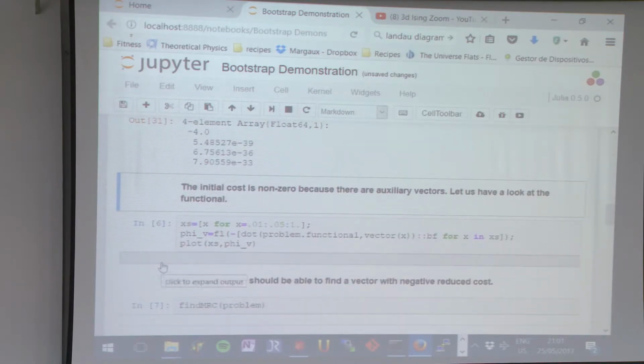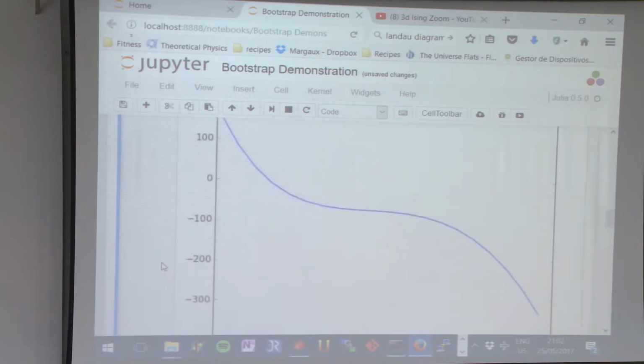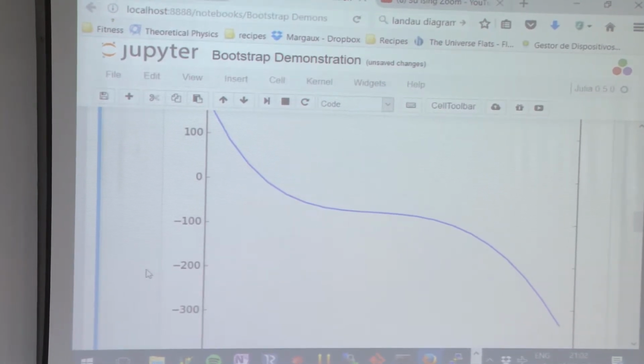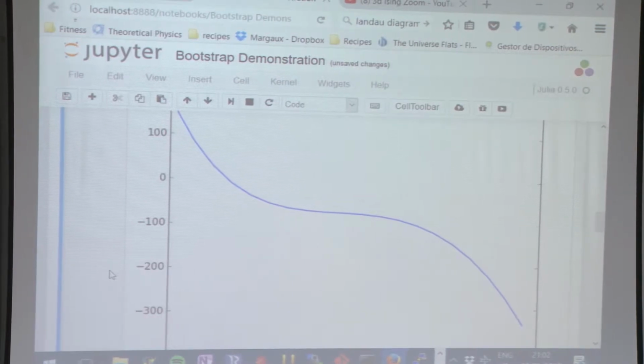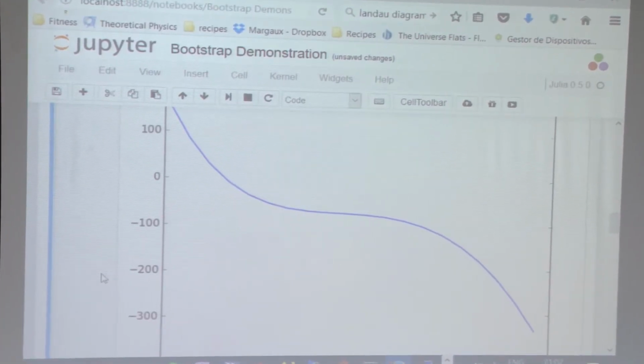Okay. So let's have a look at the functional at this point, that quantity that I wrote down. When you plot the functional, recall that you need to look at where it is negative when it acts on a vector. You can see when you look at the functional acting on the vectors that it has negative regions.